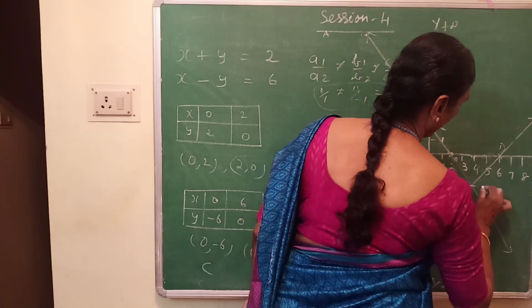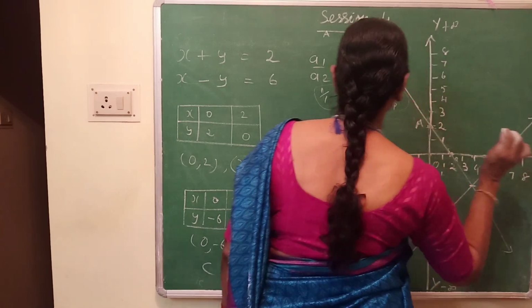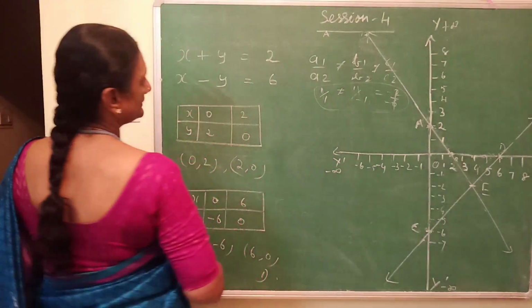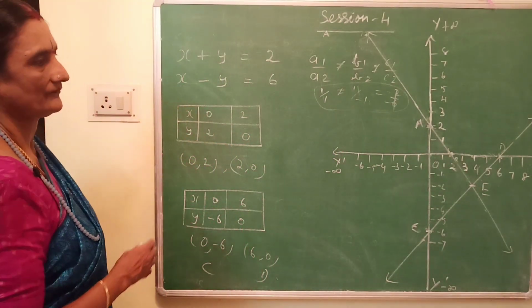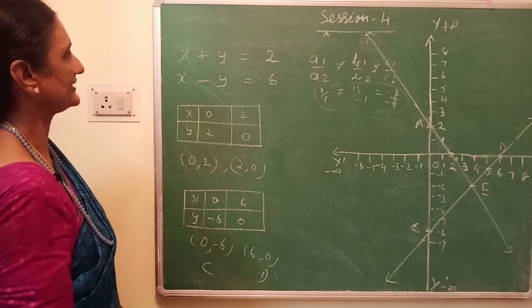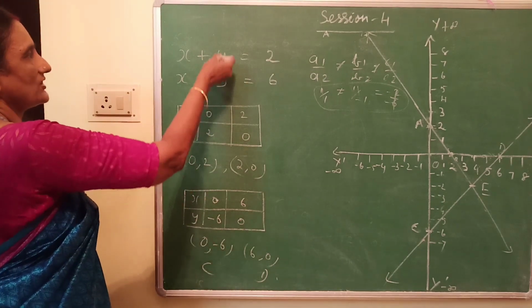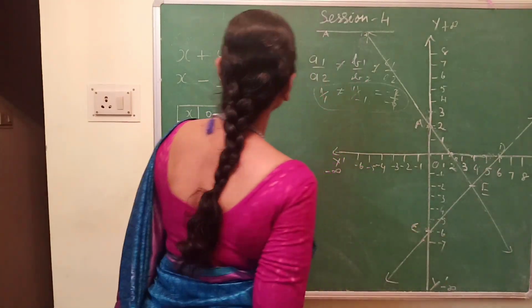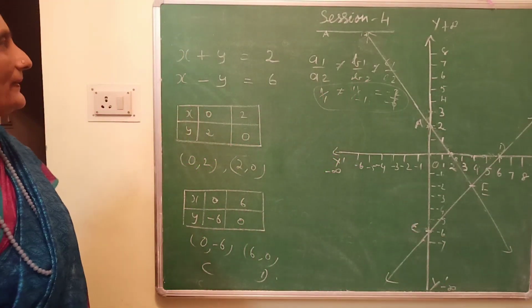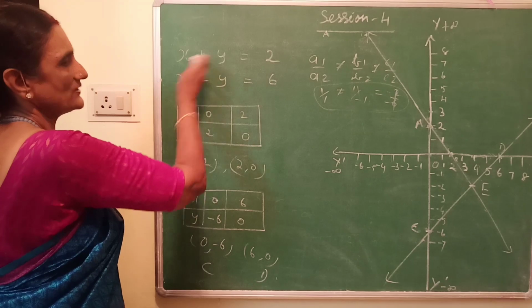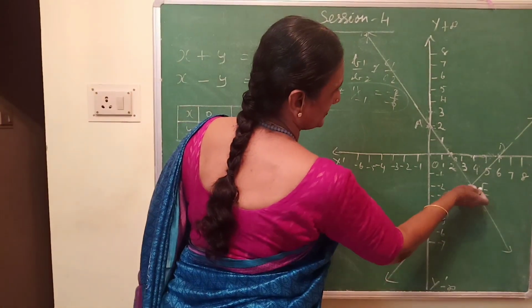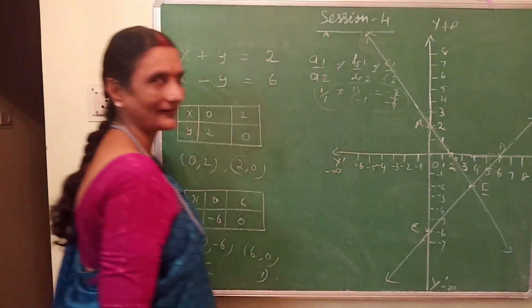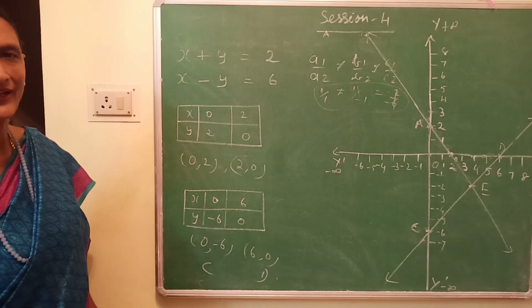You can easily read out this point. See, if you add, you'll see 2x is equal to 8, x equal to 4. It is matching. x equal to 4 means y is equal to minus 2. So you are getting the value of the point correctly.